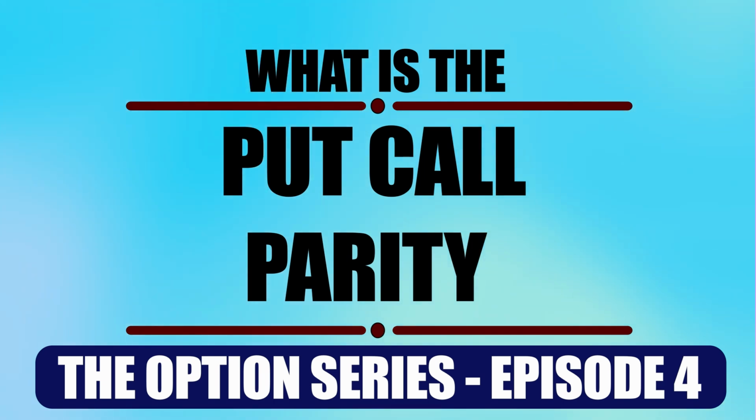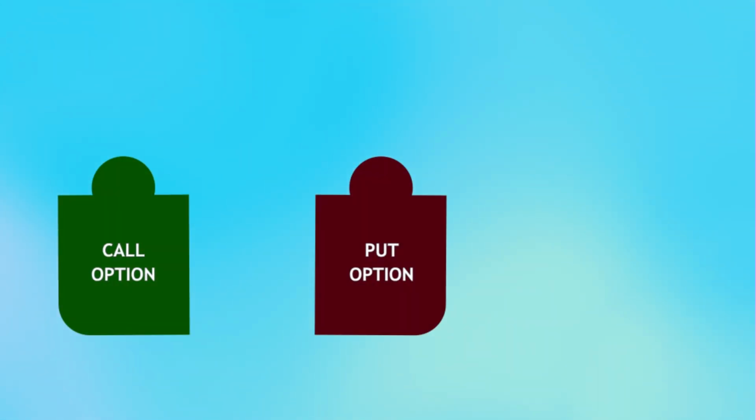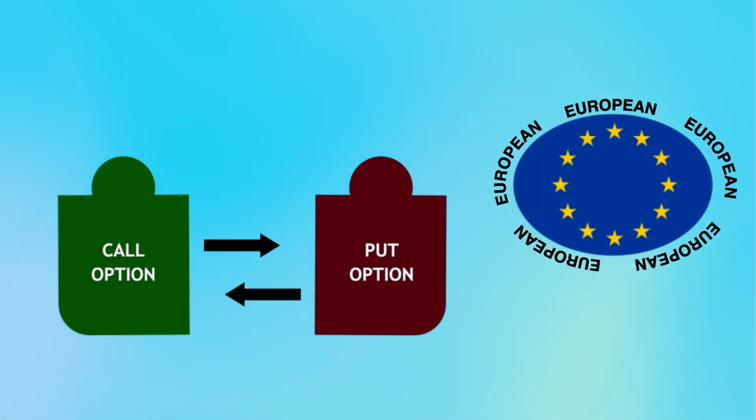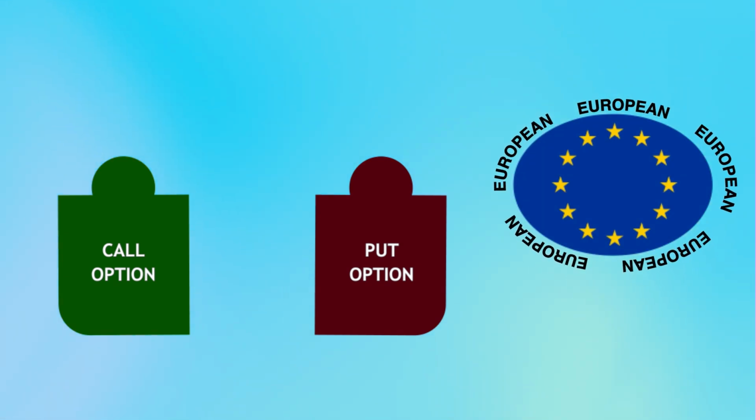So let's get started. The concept of the Put Call Parity outlines that there is a relationship between the value of a European call and put option when they have the same strike price.